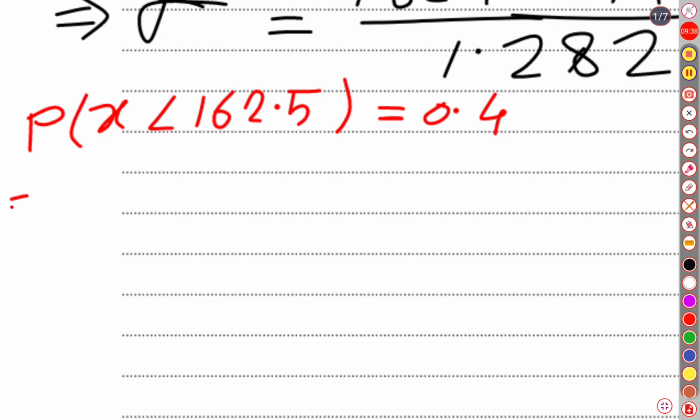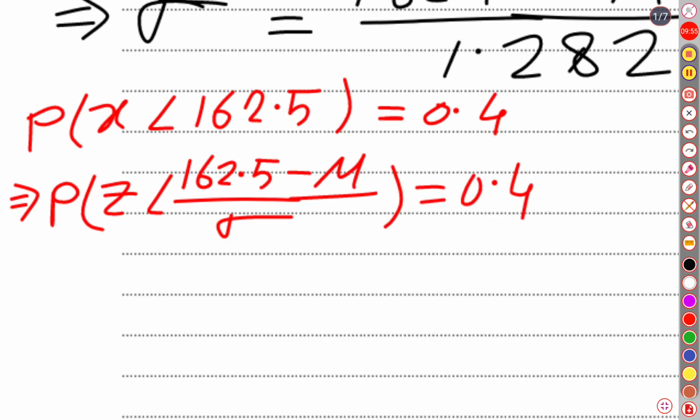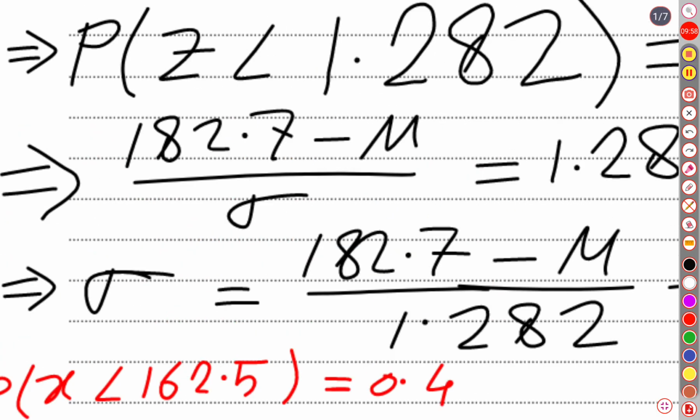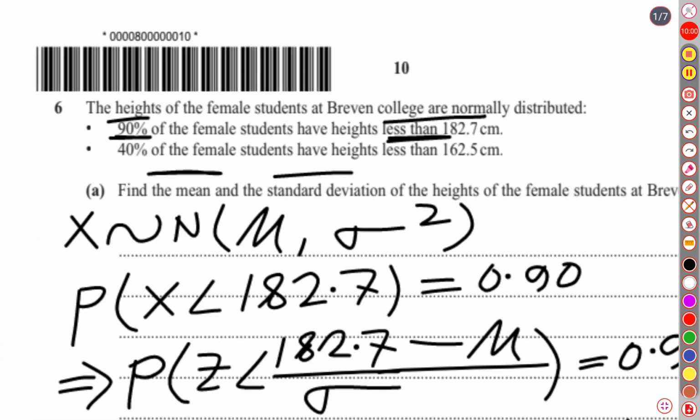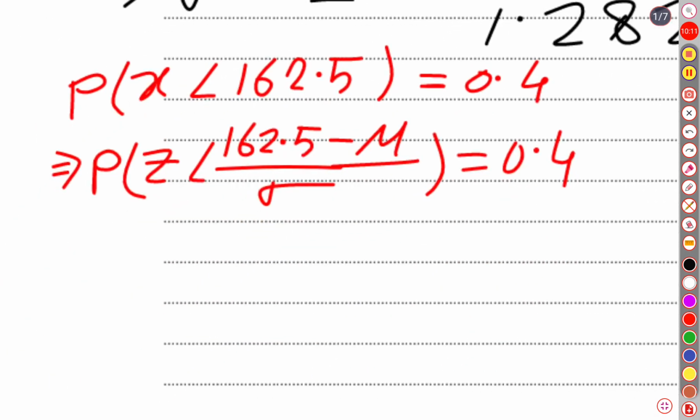Now if we standardize the score, probability of z less than 162.5 minus mu over the standard deviation, which is the square root of variance, equals 0.4. Once again, they have told that height is less than 162.5 and the probability is 40%, that is 0.4. So we have written that the z score is 162.5 minus mu over standard deviation, and the probability is 0.4.